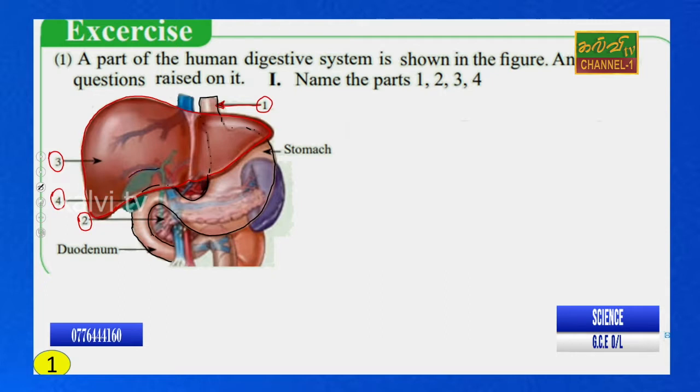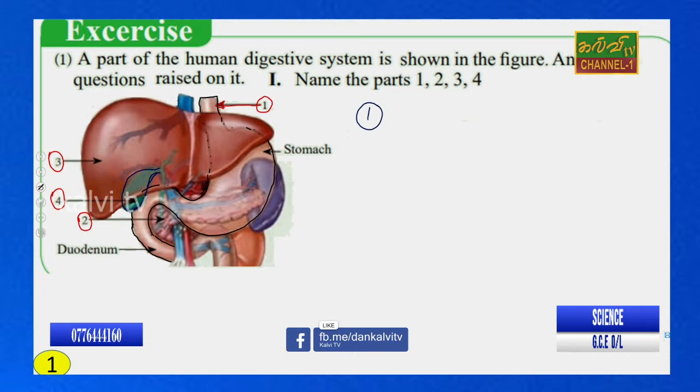Here there was a, this is, and the duct of that, the duct came behind the duodenum, then okay, now we will indicate number 1.